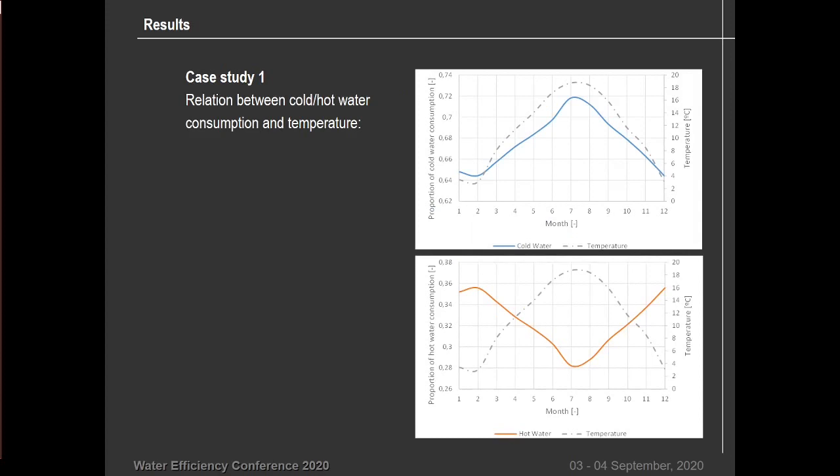Analyzing the proportion of cold and hot water consumption, which is given by cold or hot water consumption divided by the total water consumption, the dependence on air temperature is observed in these two graphs. The absolute value of the Pearson correlation in both cases is 0.88, but for the hot water the sign is negative, showing that in warmer months the hot water has lower consumption.